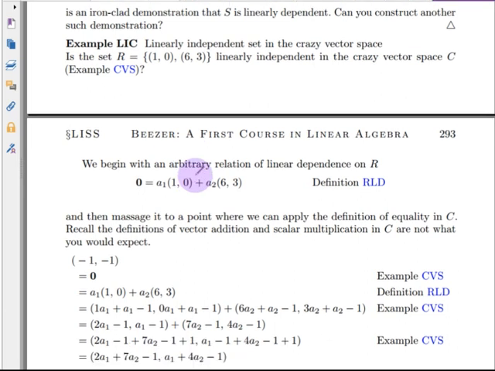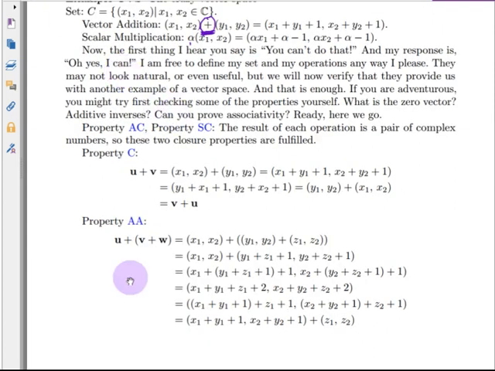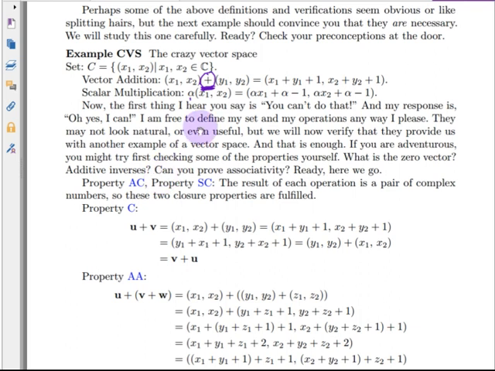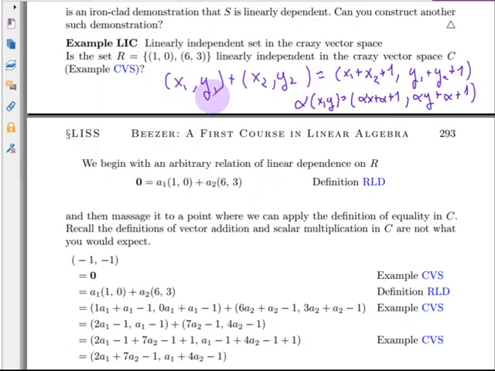All right, now here's an example in the so-called crazy vector space, which uses different operations. In the crazy vector space, we have this different kind of vector multiplication and addition.